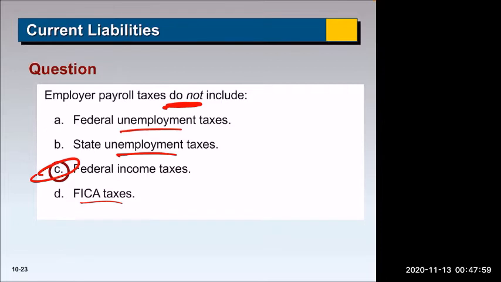Now, this is for the employee's payroll. The company definitely pays federal income taxes, but we're talking about withholdings. This is from your paycheck. The company's going to file its own tax return and owe its own taxes, and that doesn't have anything to do with this. This is talking about the entries for payroll.